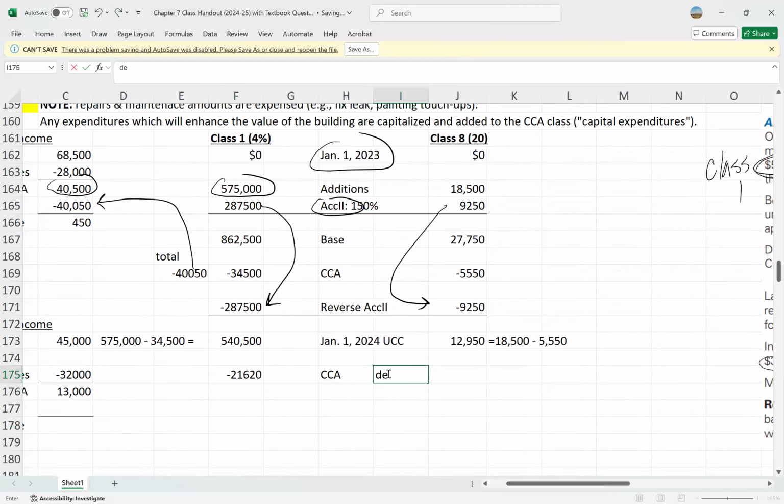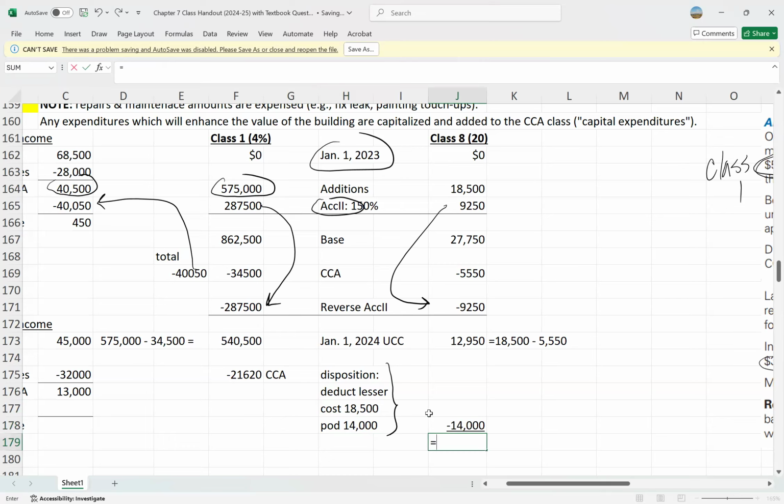Remember we said that whenever there's a disposition, we have to deduct the lesser of cost or proceeds. The cost of the furniture was 18,500. The proceeds of disposition was 14,000. So the lesser of the two is going to be 14,000.